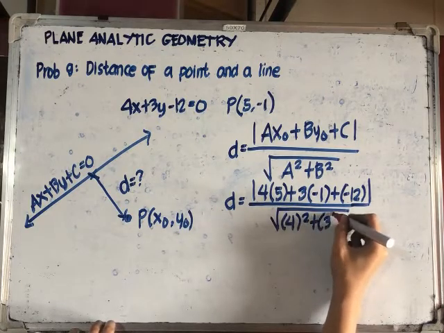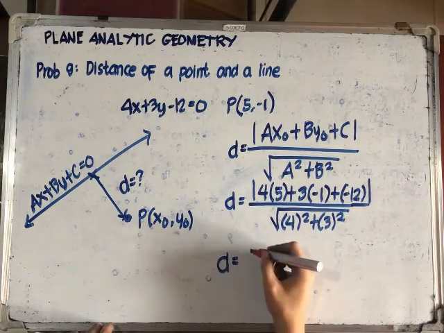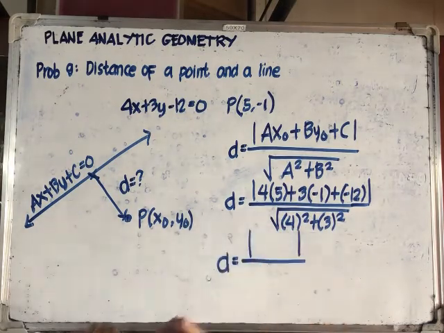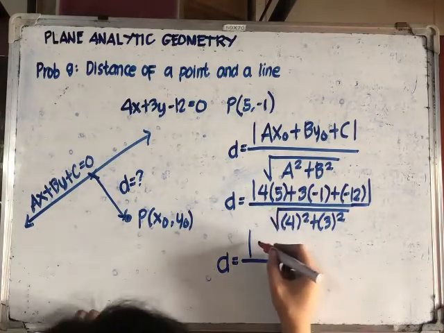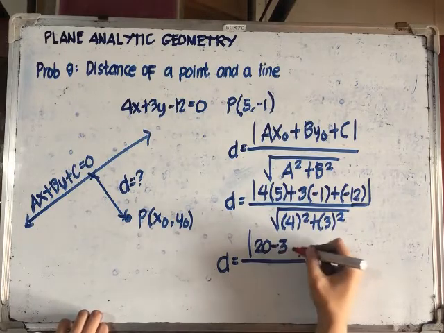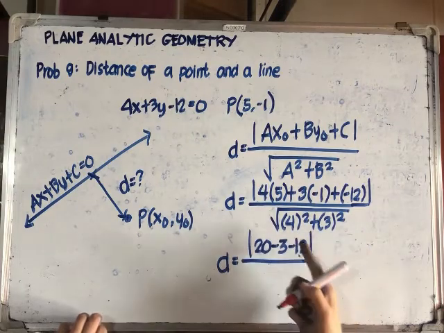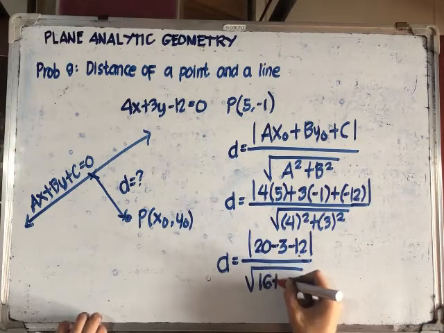So that gives us, on the top side, the absolute value of 20. Let me write that one first. 20 minus 3 minus 12. And this one here is the square root of 16 plus 9.